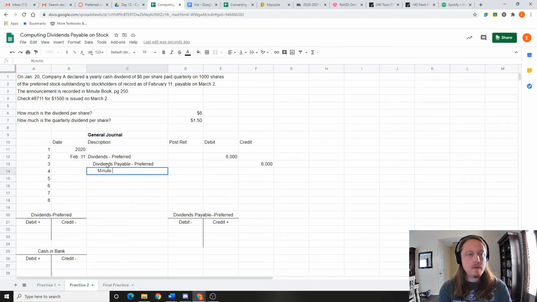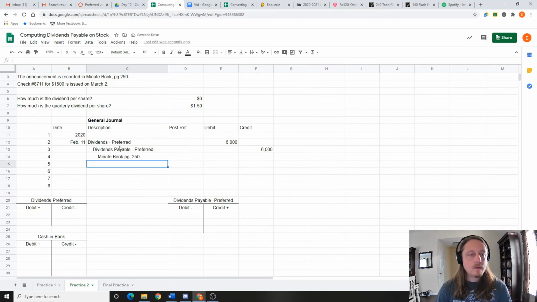That would be Minute Book, page 250. Okay, so let's keep track of that in my charts down here. We got dividends preferred. We now have $6,000 that we have promised, and so that means we owe $6,000.